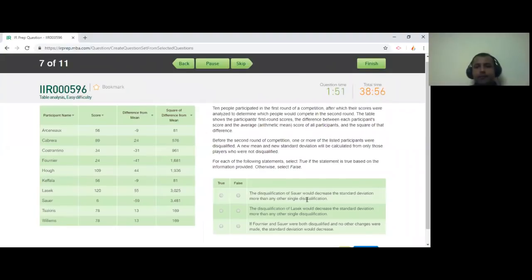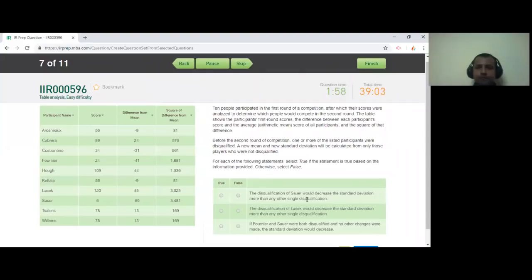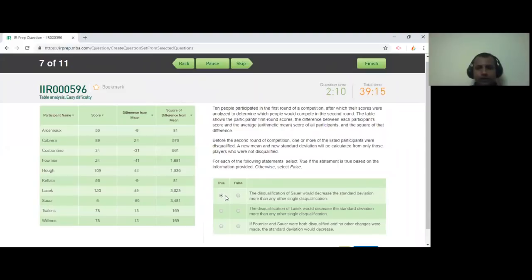Exactly, yes. So the farther away it is from the mean, the higher the standard deviation. From the table, we can see that sour has the highest standard deviation. So if we remove sour, then the standard deviation would decrease the most. That absolutely answers the first two questions. The first becomes true and the second becomes false. Absolutely.